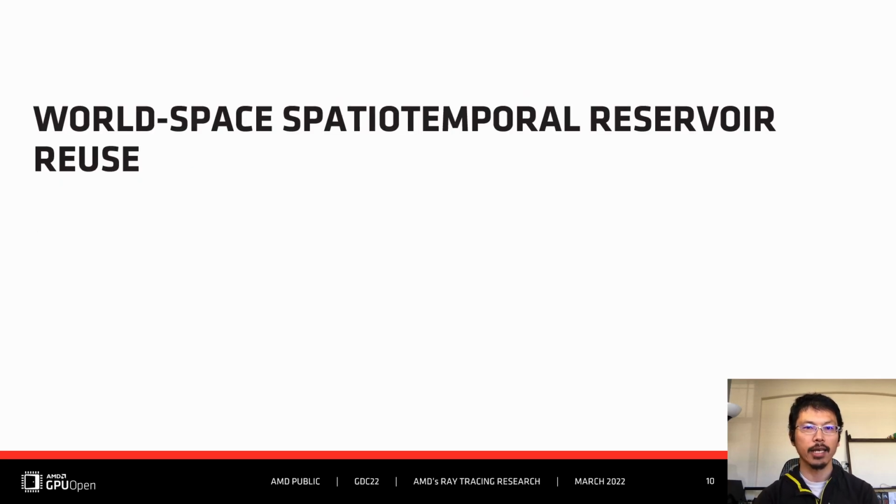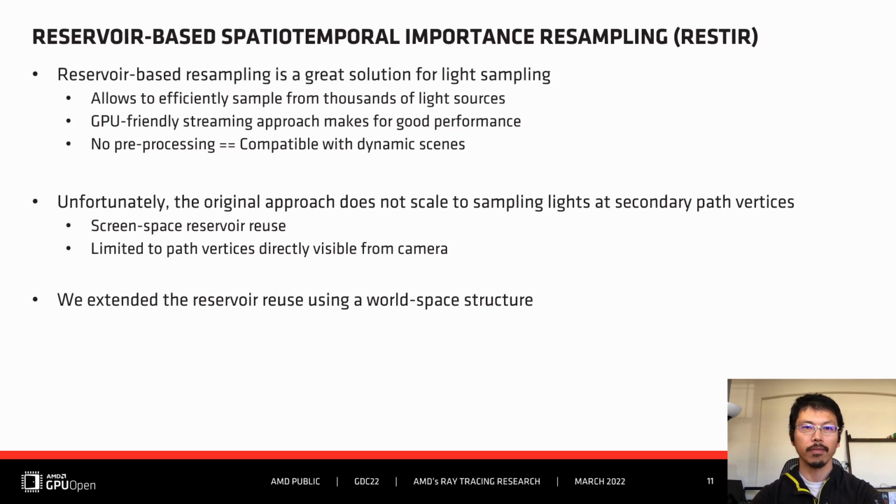The first one is about world space spatiotemporal reservoir reuse. Reservoir-based resampling is a great solution for light sampling because it allows us to efficiently sample from thousands of light sources.